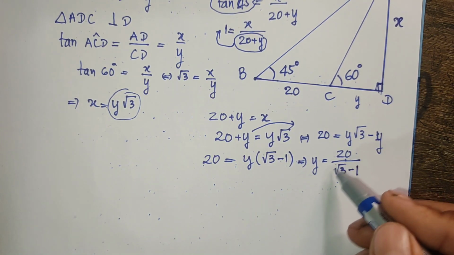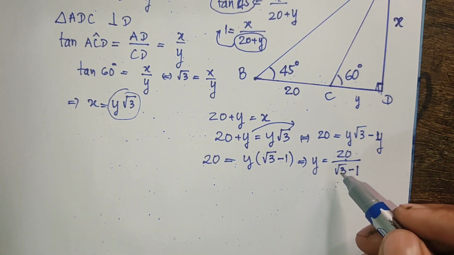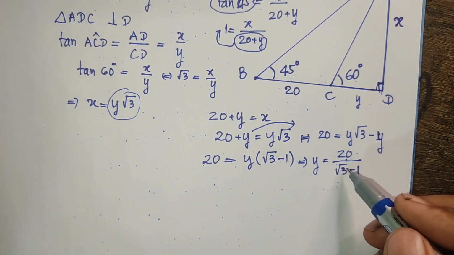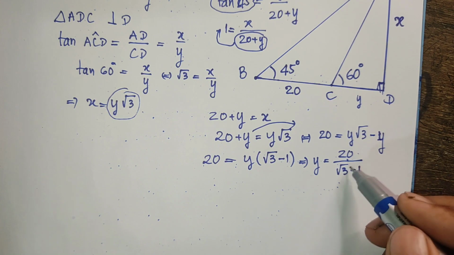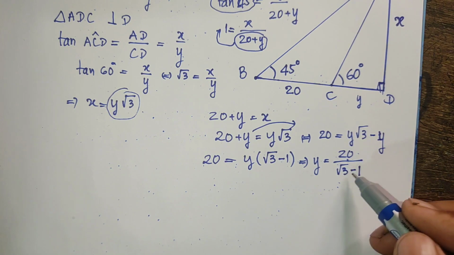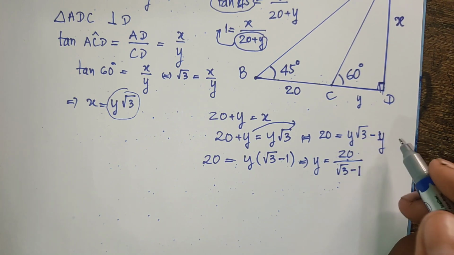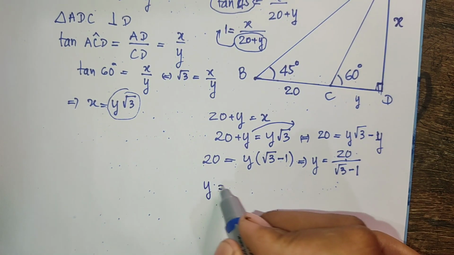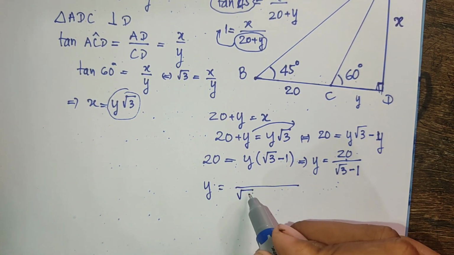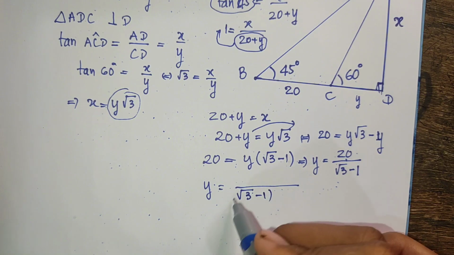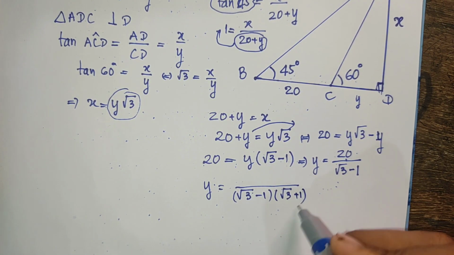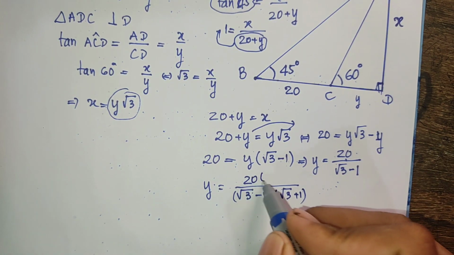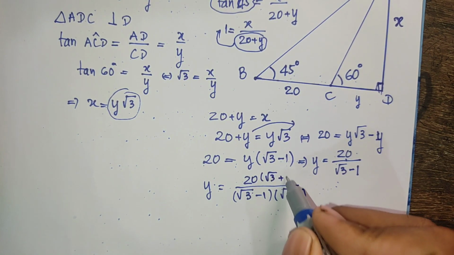And this we multiply the numerator and the denominator by square root 3 plus 1. So we get y is equal to 20 multiplied by square root 3 plus 1, divided by square root 3 minus 1 multiplied by square root 3 plus 1.